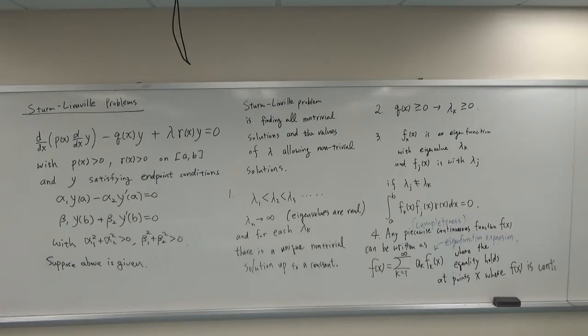Now, which ones can I prove? Well, I can't prove a lot of these. For example, I looked at one paper that's like 50 years old that proves number 4, and it's like a 7-8 page proof.